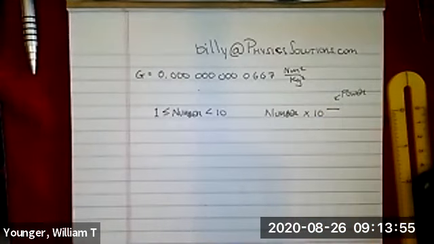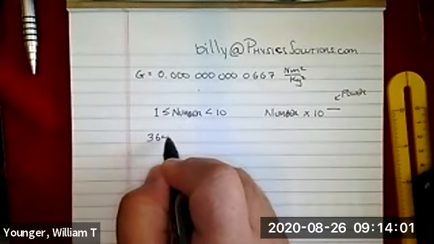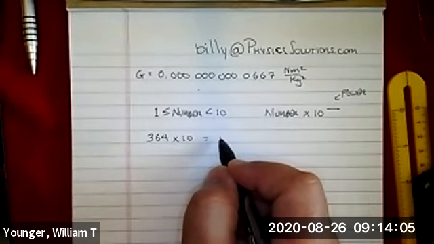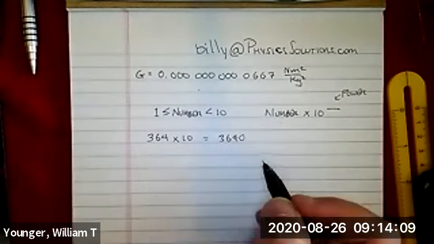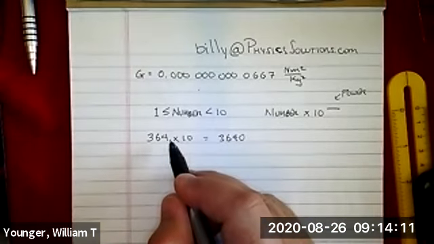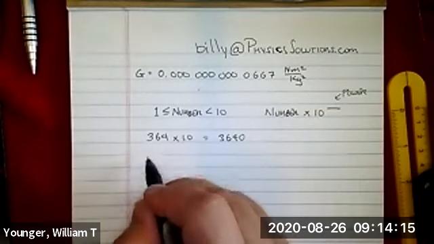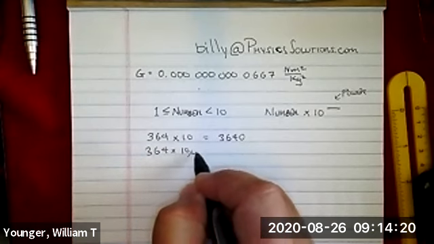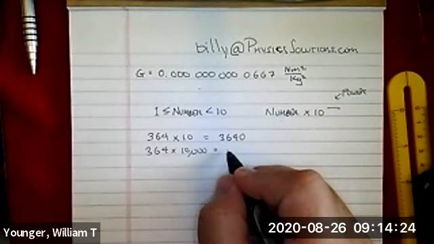Now, in order for us to really make sense of that, what you've got to realize is if I have 364 times 10, you just add a 0 on the end, which is sort of like taking the decimal place, which is understood to be here, and moving it one place to the right. If I did 364 times 10,000, I would just add 4 zeros on the end.